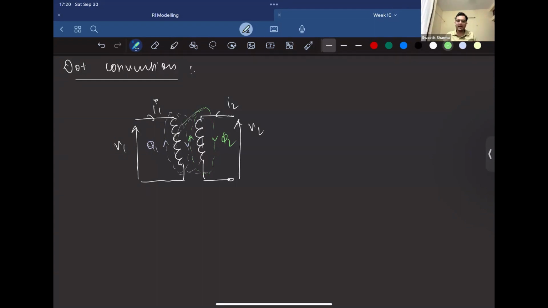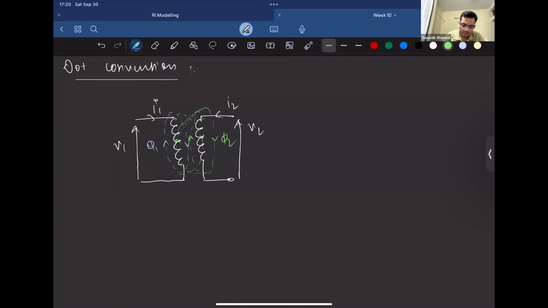As you'll see, both of these flux lines are adding to each other, right? The direction is something like this. It would be going down, and here it would be coming up, going up, right? So what's happening is this flux is being added to each other.